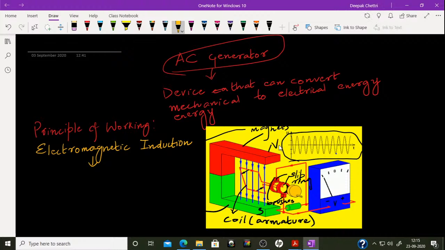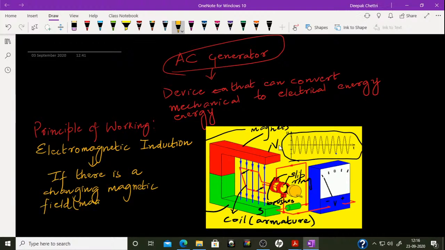It means that if there is a changing magnetic field or magnetic flux, then an EMF is generated, right. This is electromagnetic induction.